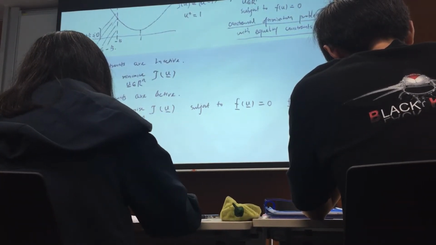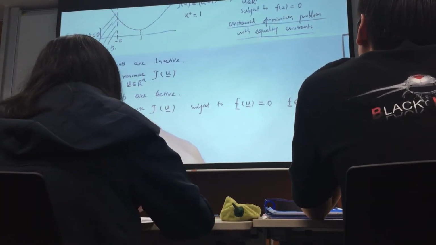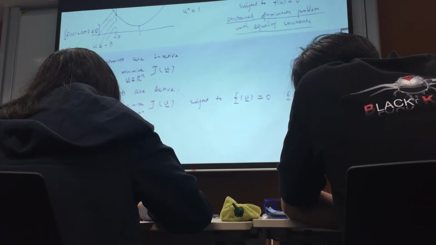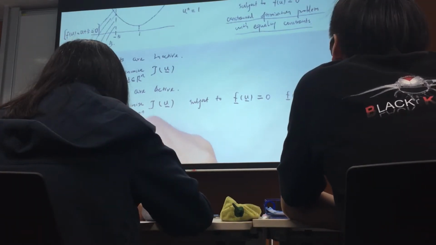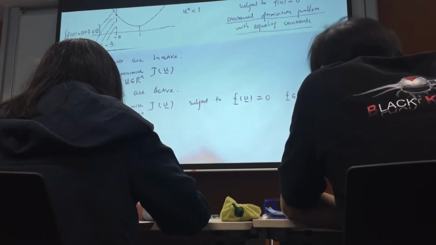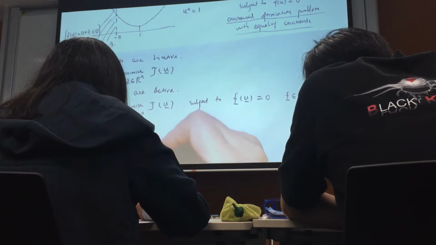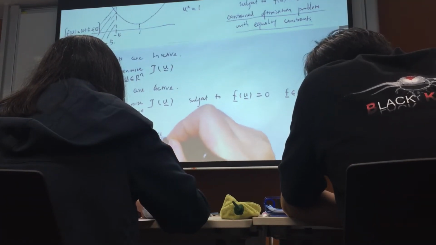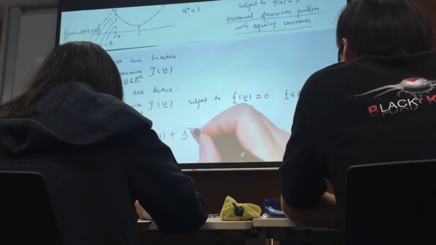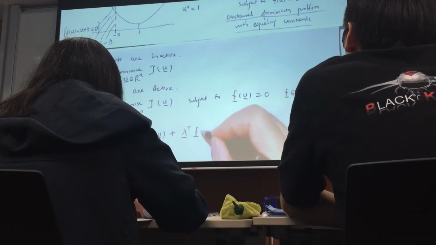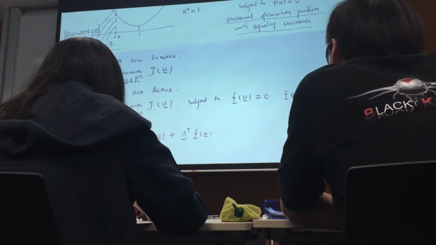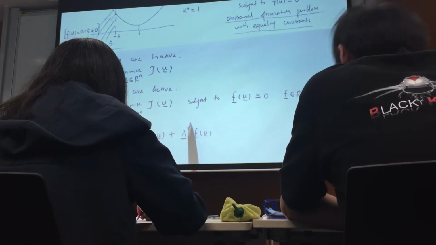We construct the Hamiltonian H, so it's the same definition as before. We define this H in terms of U and lambda. So this is equal to J(U) plus lambda F. So far it's exactly the same.